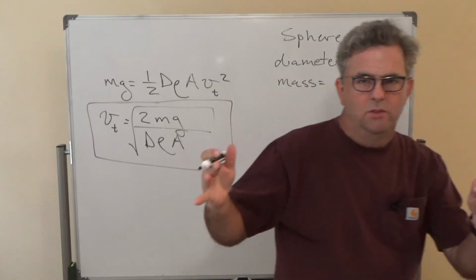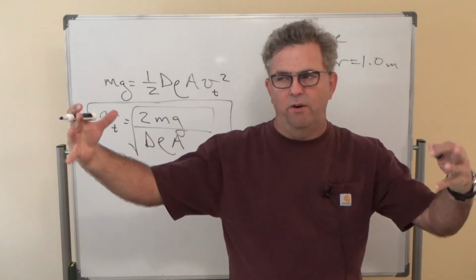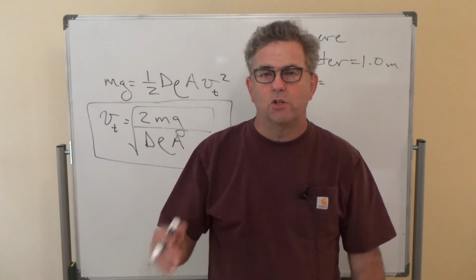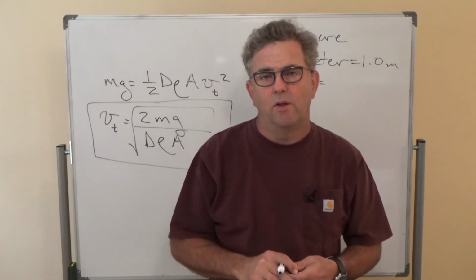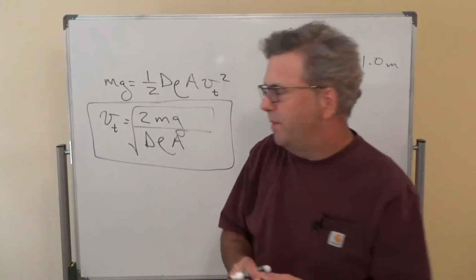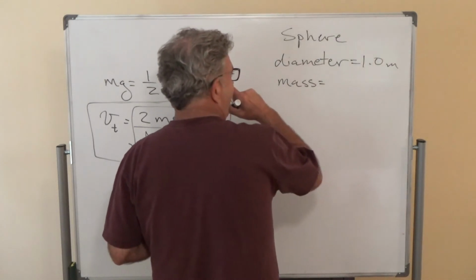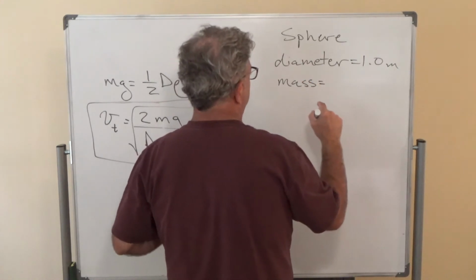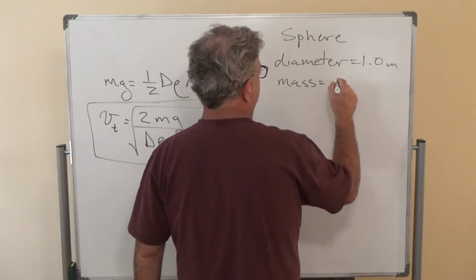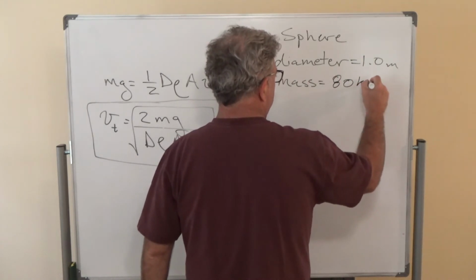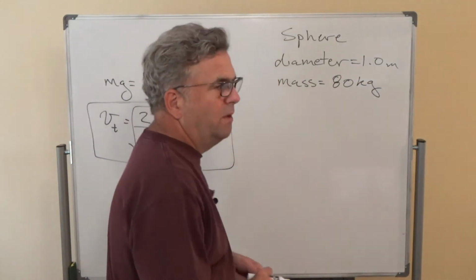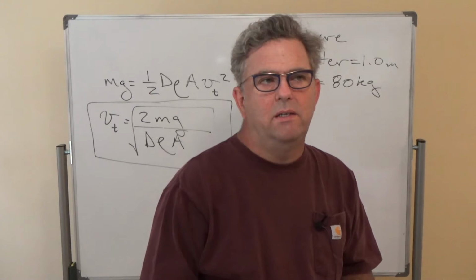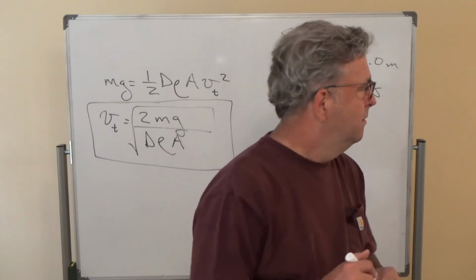So it's a meter diameter sphere. Well, you know, a person, if you take me and measure my cross-sectional area, maybe it'll be about a square meter, something like that. This is going to be bigger than a square meter for the cross-sectional area, but let's say the mass is about 80 kilograms. Okay, that's about a 176, something like that, pound person.